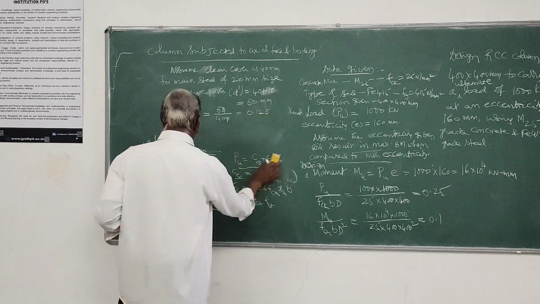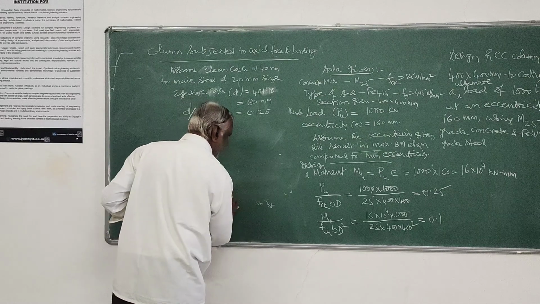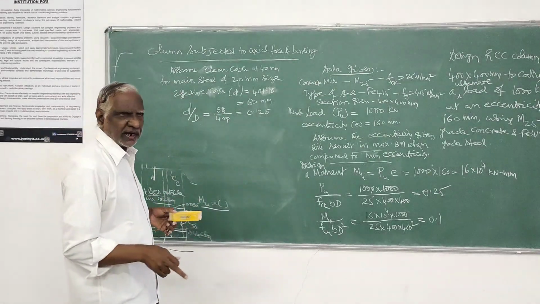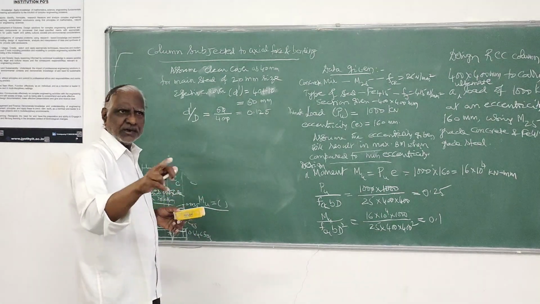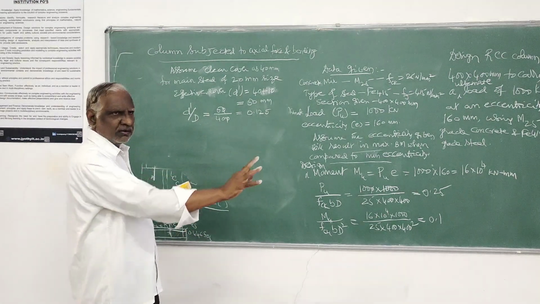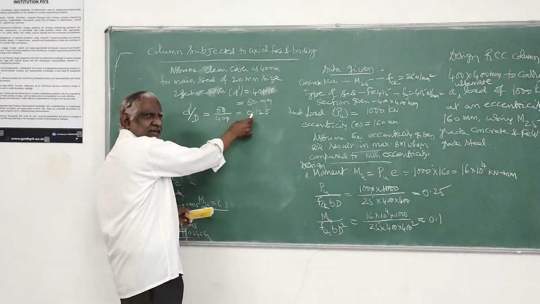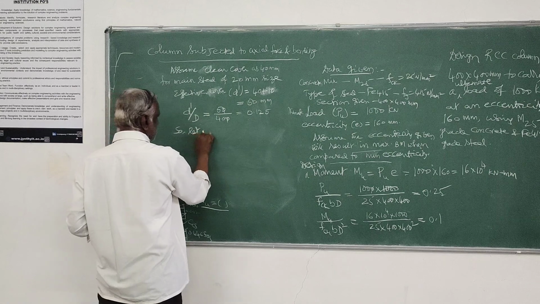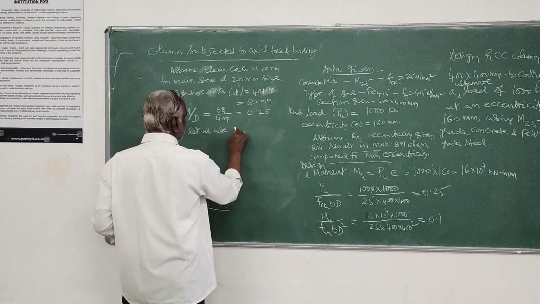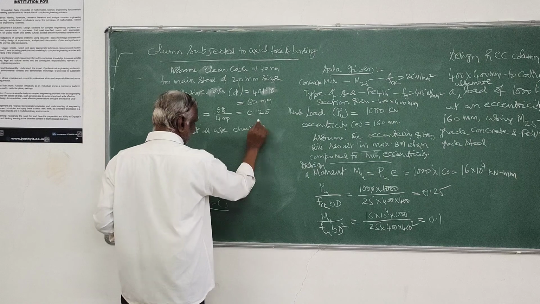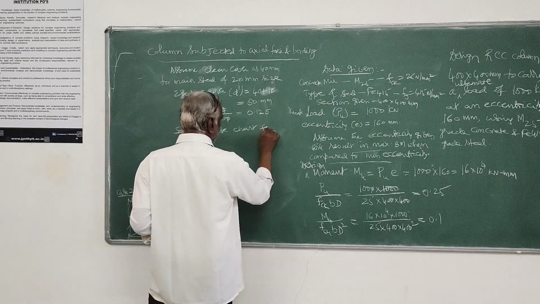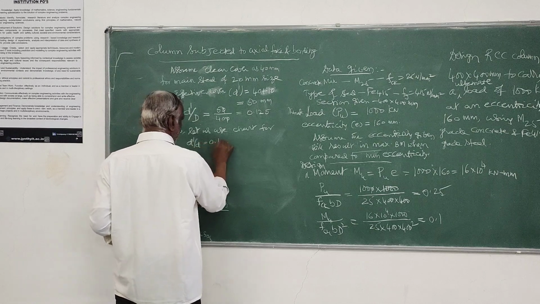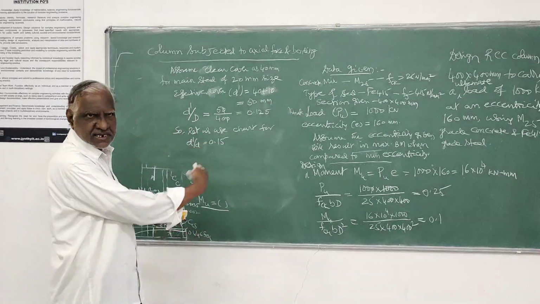0.125. Because the charts have been developed for d dash by D equals 0.05, 0.1, 0.15, 0.2, I told you, four varieties, you can use the next higher value here. So let us use the interaction chart for d dash by D equals 0.15, the next immediate value.